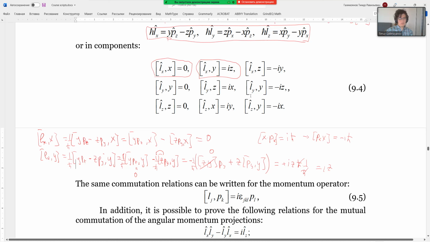And using the same relationships, you can get all 9 commutators.